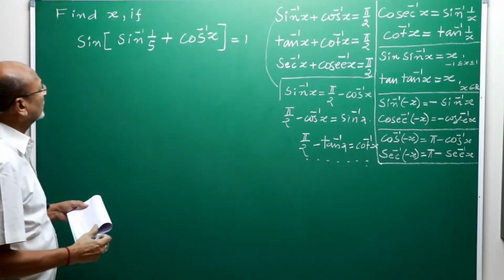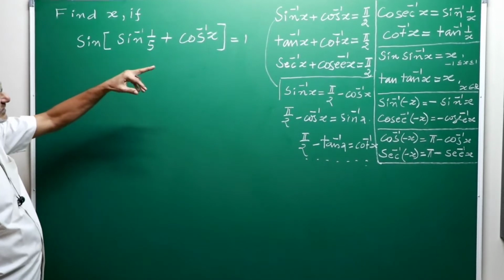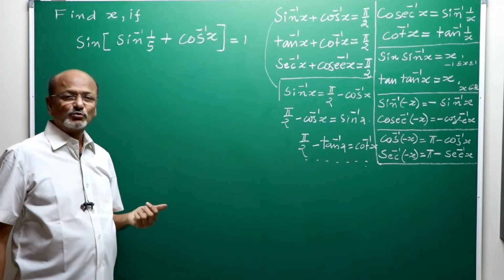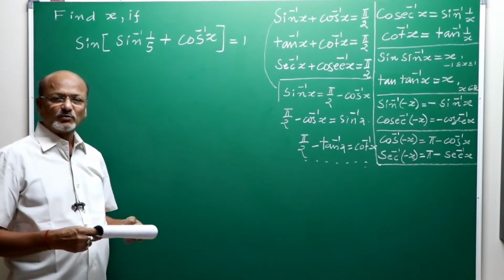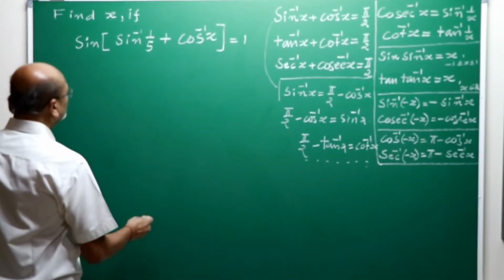Find x if sin inverse 1 by 5 plus cos inverse x equal to 1. It is a very good example. Even for the main exam it appeared under a 2 mark question. Even it appears under a 1 mark question also. It is a good example of objective type, CET type.